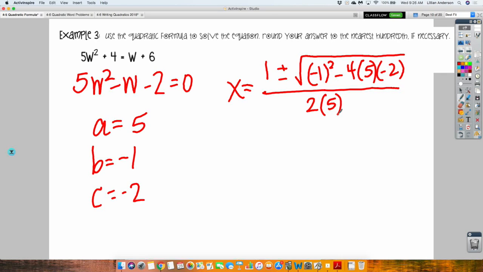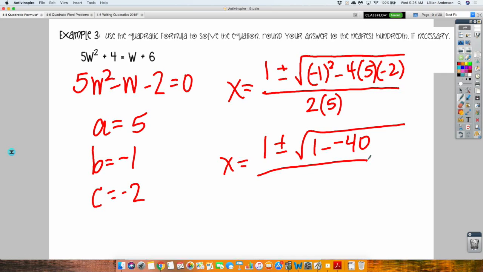All right, there we go. Okay, so that's going to be 1 plus or minus square root. Negative 1 squared is 1. What's 4 times 5 times negative 2? Negative 40, all over 10. So that's going to be x equals 1 plus or minus the square root of 41 over 10.